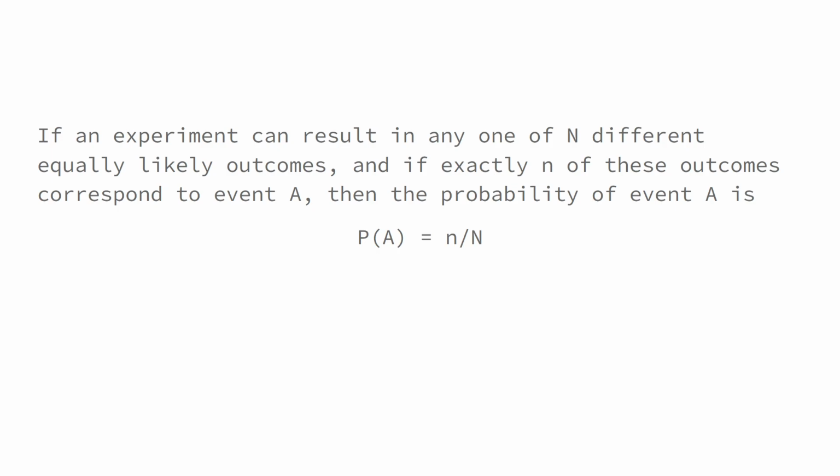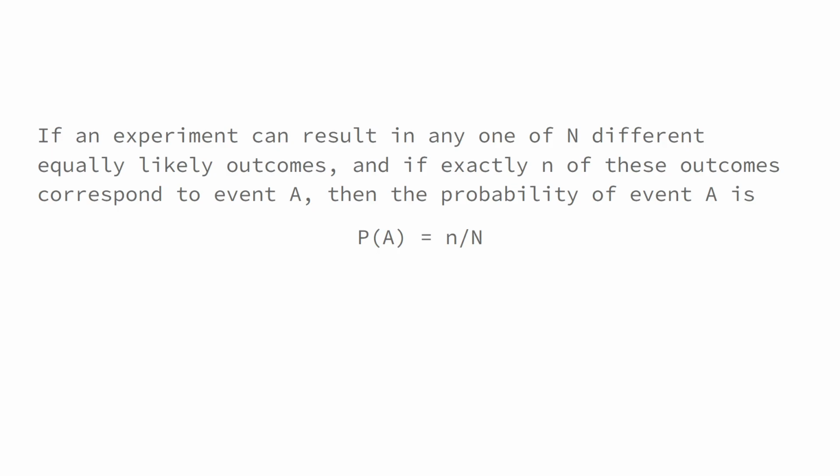So if we talk in a completely finite setup, suppose an experiment can result in any one of n different equally likely outcomes. Like in the case of rolling a die, where there are 6 possible outcomes, all of them equally likely.